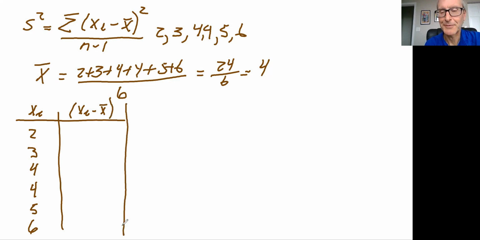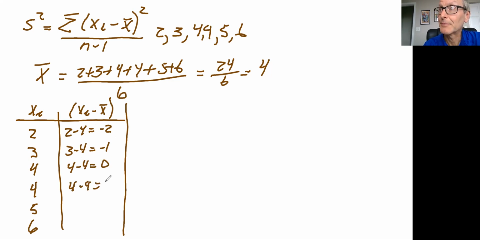And you can see how this fits into a spreadsheet real well. So this would be 2 minus 4, which is minus 2. This would be 3 minus 4, which is minus 1. 4 minus 4, which is 0. That's a nice number. 4 minus 4 again, which is 0. And 5 minus 4, which is 1. And 6 minus 4, which is 2. You can see how tedious this is getting already, right?